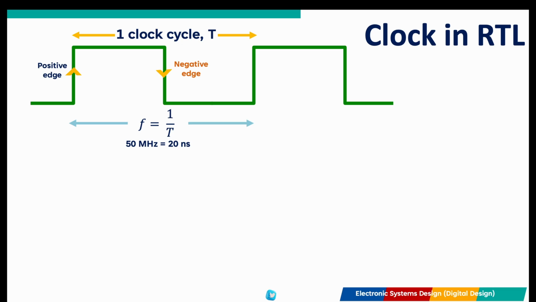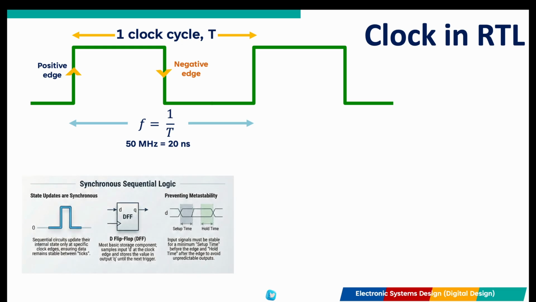Unlike combinational logic, which reacts immediately to inputs, sequential logic has memory. It retains past states and only updates its output in perfect synchronization with the clock. The most basic 1-bit memory element is the D flip-flop, which ignores its inputs until it sees an active clock edge.